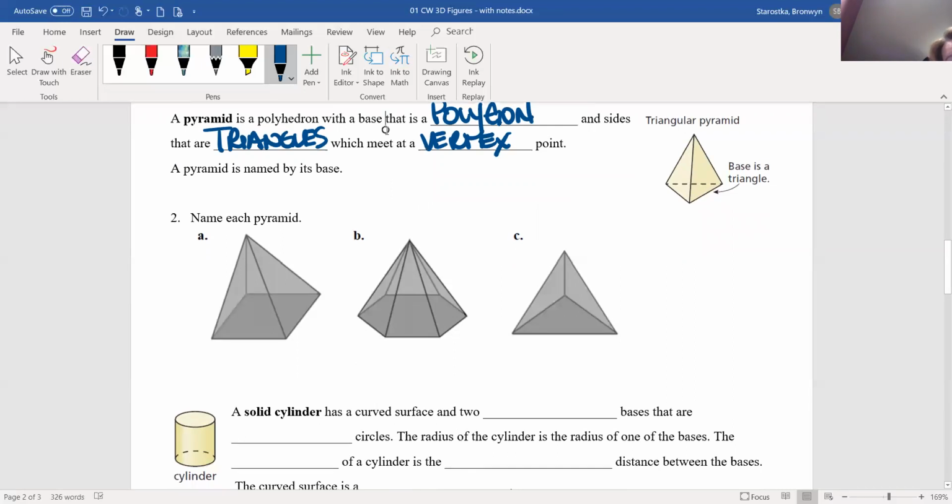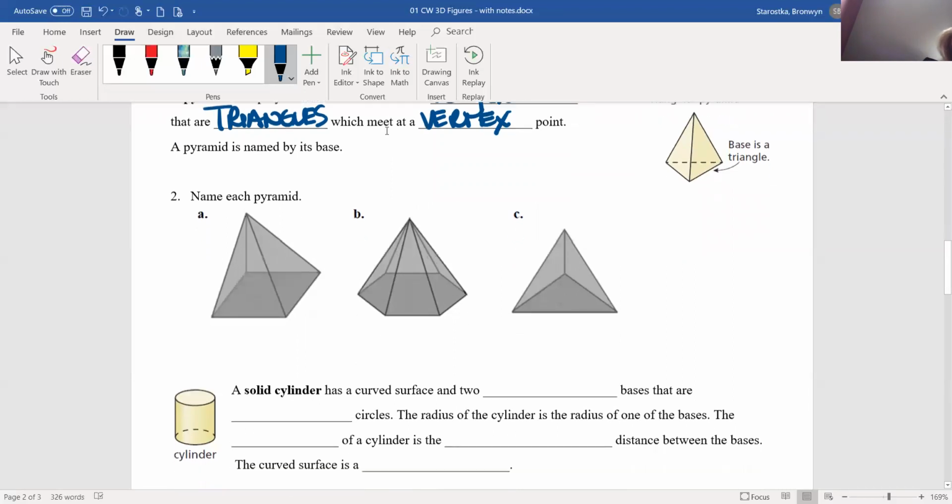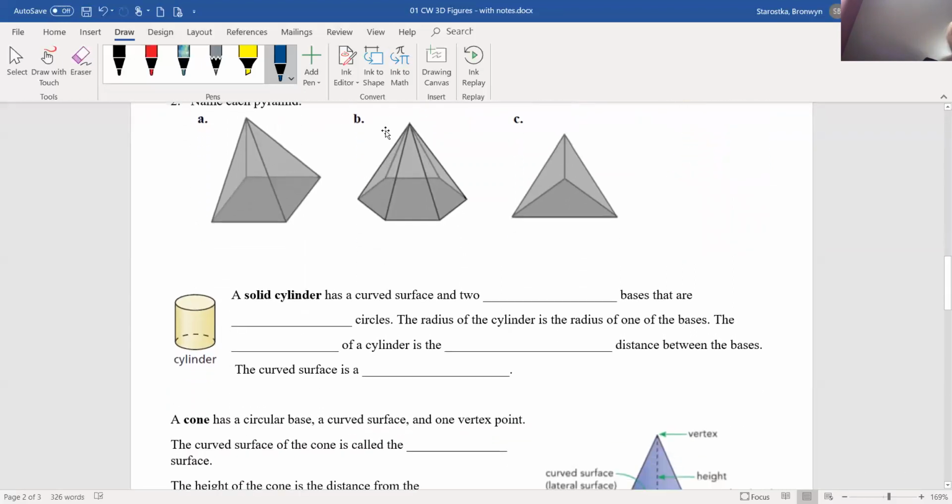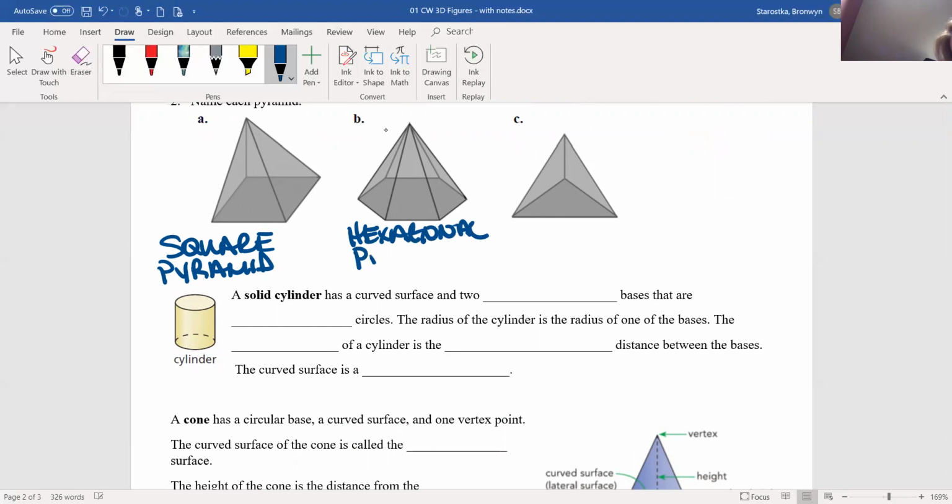Pyramids are named by their bases. So if we're going to name these pyramids, we're looking at a square pyramid, a hexagonal pyramid, and a triangular pyramid.